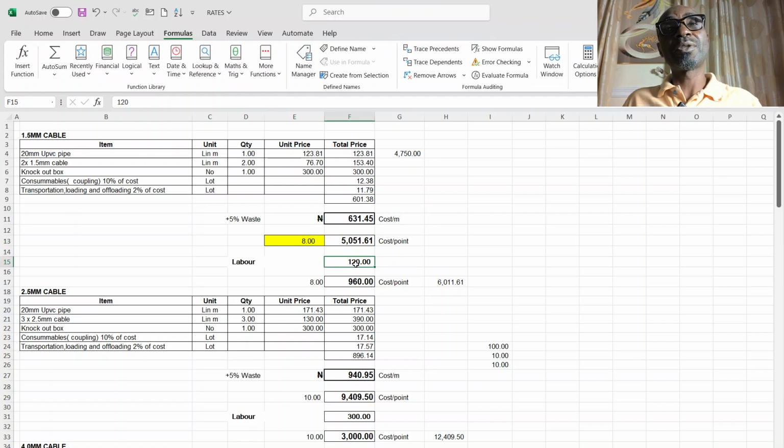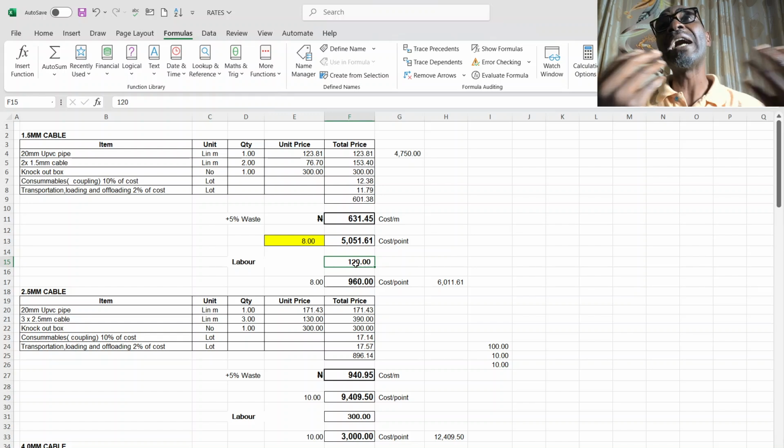Then your labor cost. You know what your labor cost is, and your labor cost also can vary depending on your cost data. If over time you have done some projects, you kept your cost data, you can say the cost I use for cabling this house, piping this house is this amount.